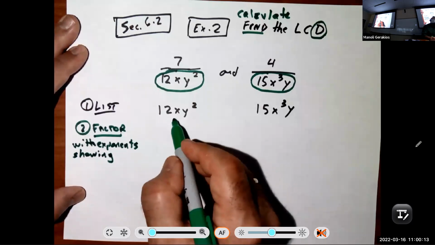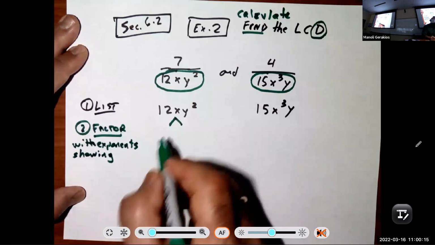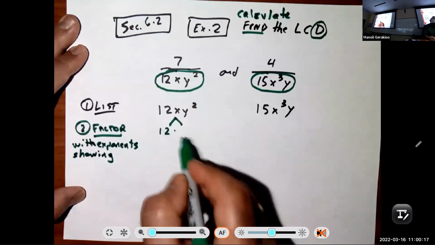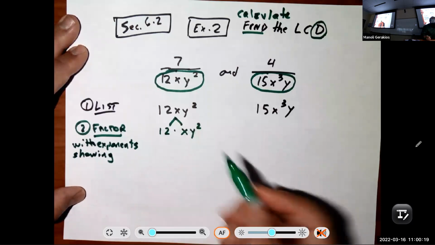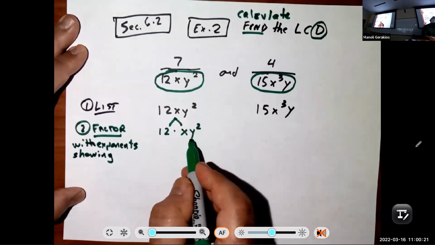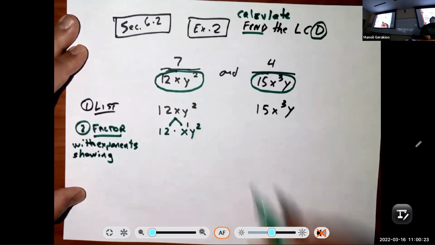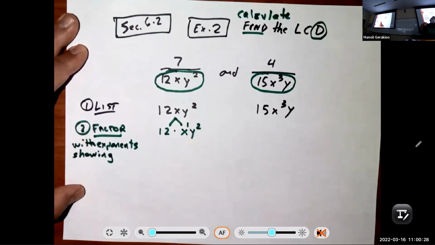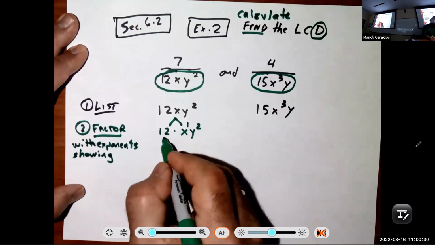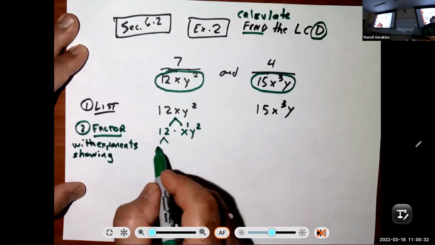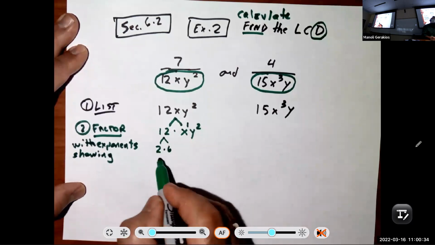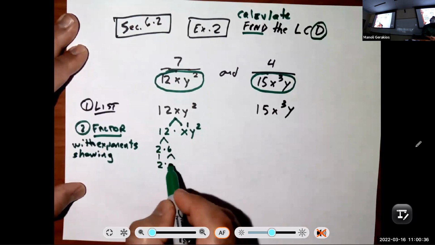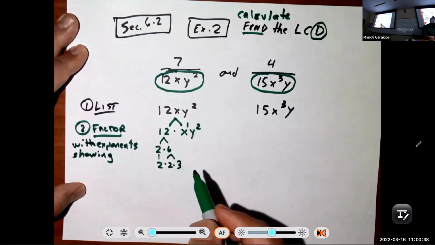So if I start factoring this guy, like 12, and then the variables are already factored really, because the X has got an invisible exponent of 1. That's good enough for factoring for LCD. The 12 is what I focus on now, is maybe 2 times 6, 2 times 2 times 3.